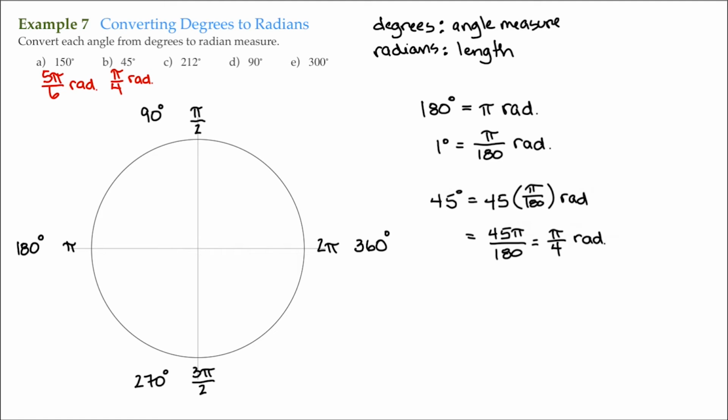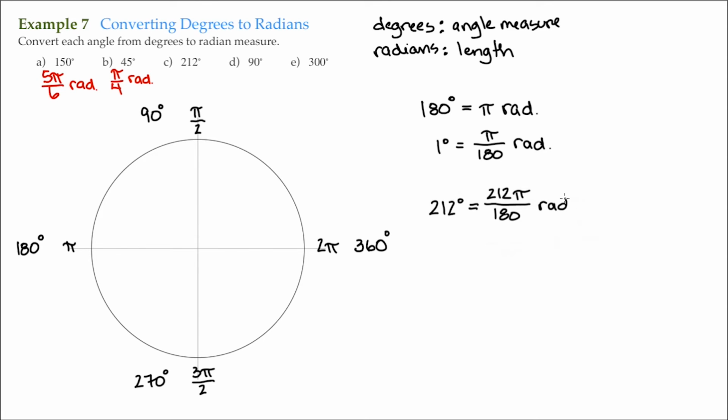Let's try C. 212 degrees. That's going to be 212 pi over 180 radians.